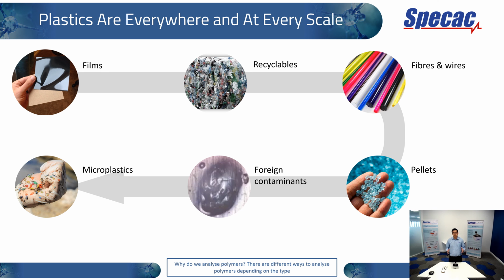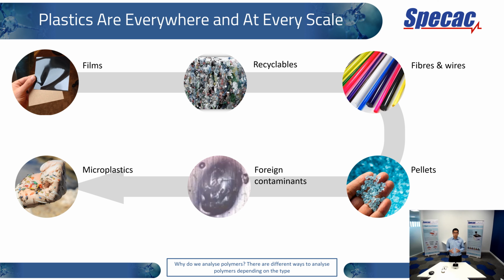It can come in a macro scale, such as films or recyclables, fibers and wires, or smaller forms such as pellets used as a raw material in the polymer manufacturing process, or it could be even smaller in terms of it being a smaller foreign contaminant, or the micro scale where you've got microplastics as your contaminant as well.